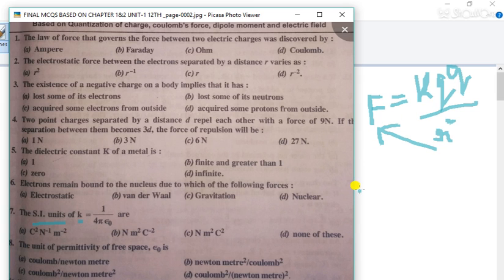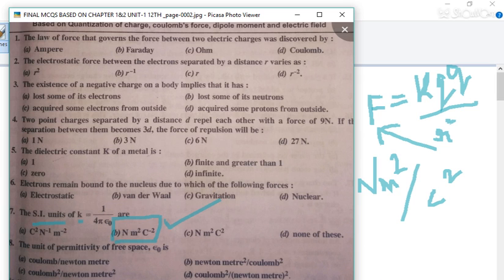That means the unit of K will be Newton meter square per Coulomb square. So this will be the answer, Newton meter square per Coulomb square. I think this is the right answer, option number B. In this way we will discuss as well as cover the questions.